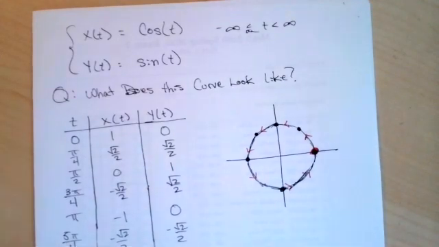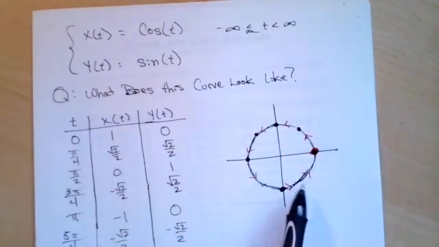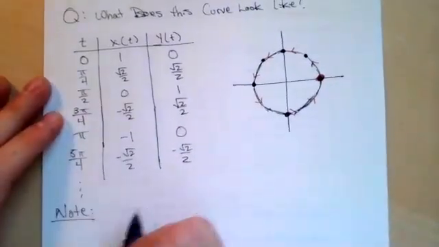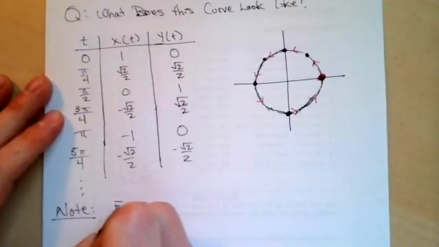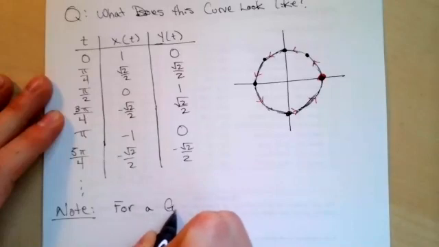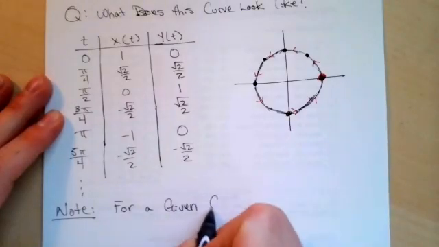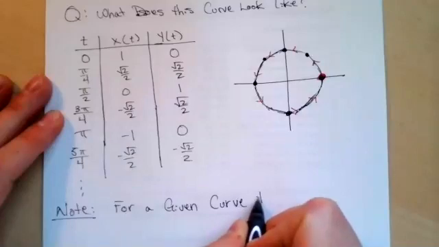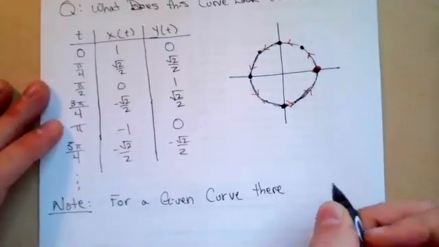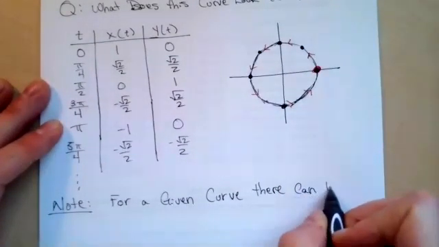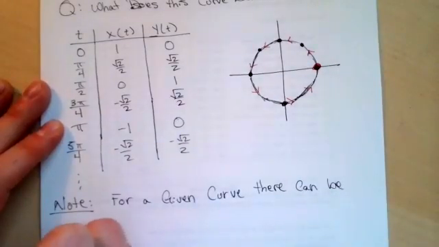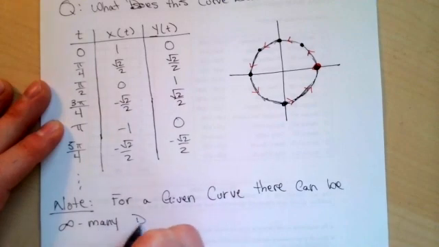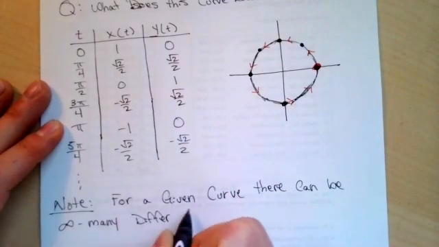And we are getting more information out of that, namely our direction and our speed. But along with that, if we were trying to simply study curves as a whole, there can be infinitely many different parametrizations for a given curve.